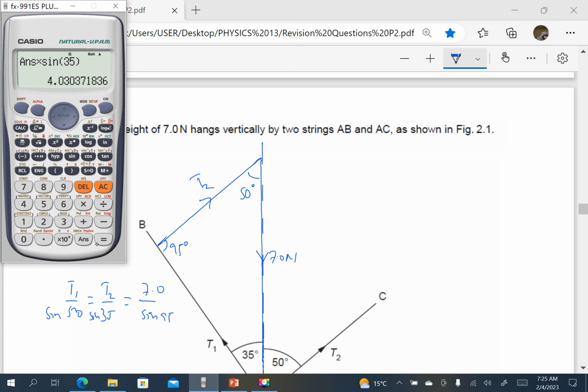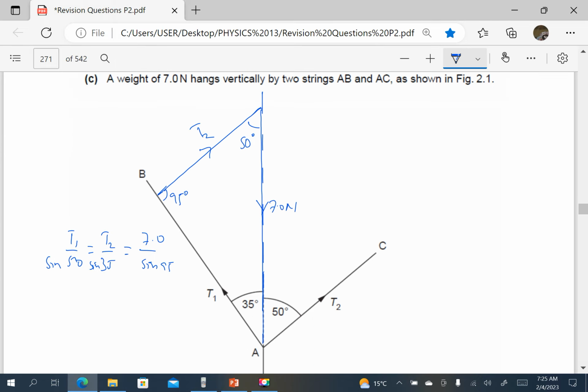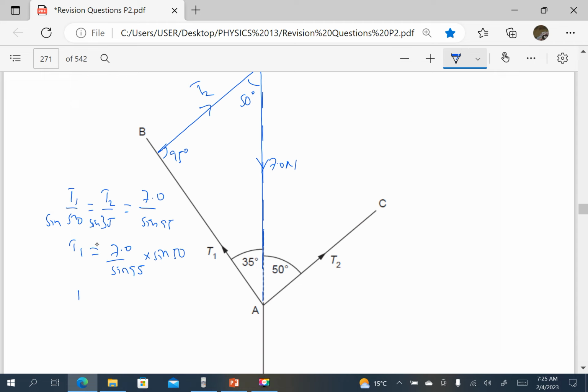Those answers are true. But since they want us to use the triangle, you could use the sine rule, no problem, which gives you T1 as 7.0 over sine 95 times sine 50, and T2 as 7.0 over sine 95 times sine 35. But we want to draw this to scale.